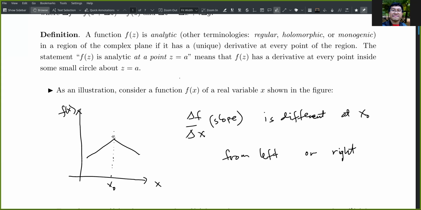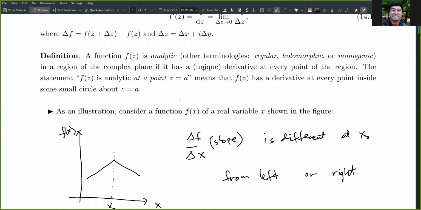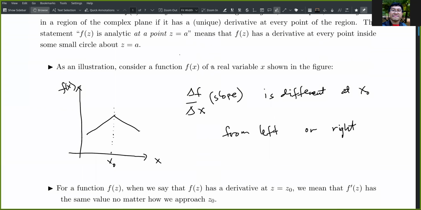So at x sub 0, it has two values of derivative, which means that for a function of a complex number, it is not analytic. It doesn't have a unique derivative, so it is not analytic.